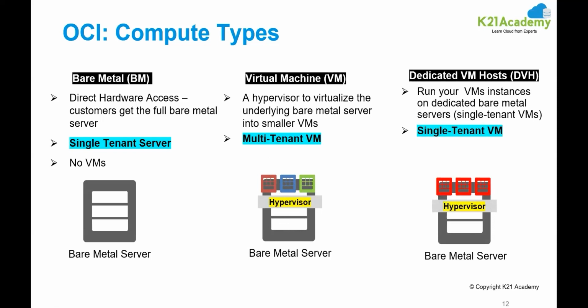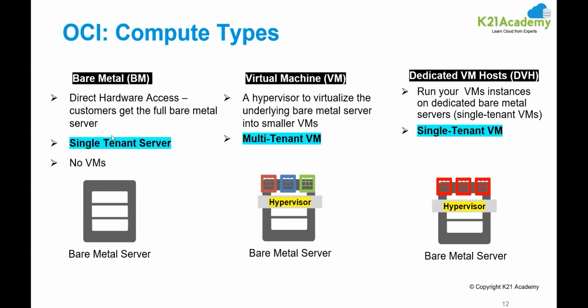But if we want entirely dedicated virtual machines, in that case we can go for dedicated VM hosts. That's a single tenant model. The only difference between bare metal and dedicated VM host is that in bare metal we will be getting the physical server, but in dedicated VM hosts we will be getting virtual machines with hypervisors.